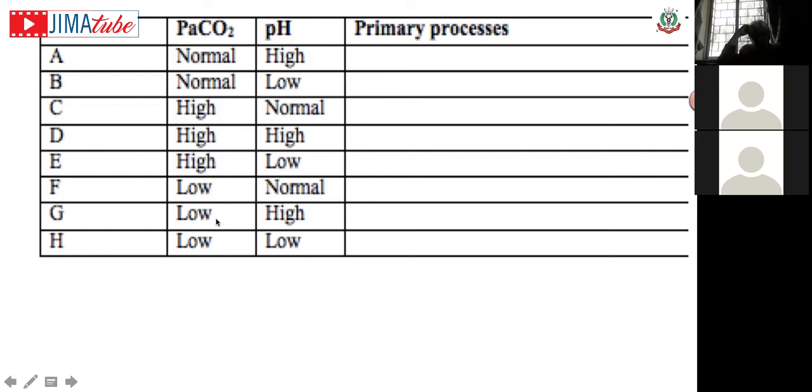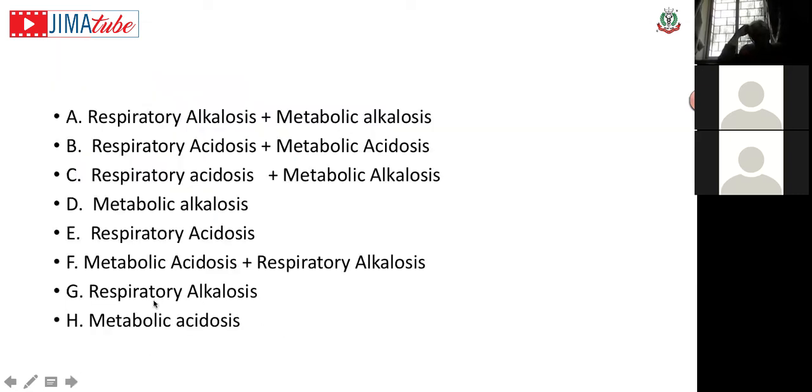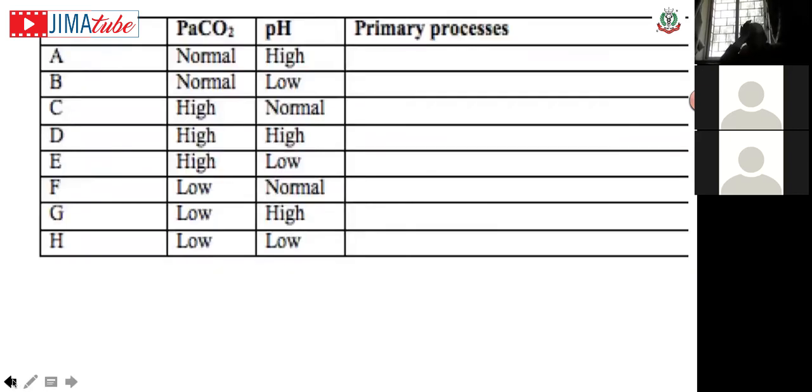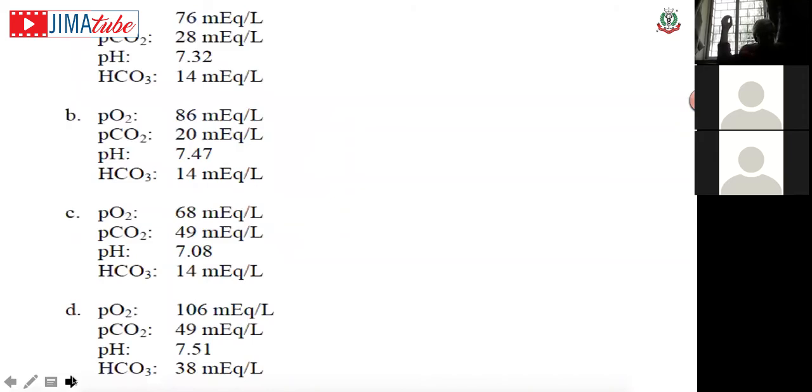High pH with a low PCO2, this is caused by respiratory alkalosis. And low pH with a low PCO2 is metabolic acidosis. So just by looking at the pH values and PCO2 values, you can have a reasonably good idea as regards what the underlying acid-base disorder is.